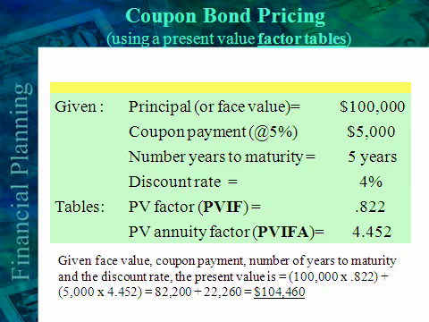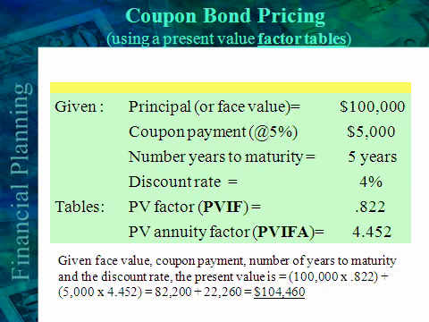Using present value tables is one way to work a bond valuation problem. Based on the data from this question, you know that the future return of principal payment is $100,000. That is a one-time payment that will be received at the end of the 5th year. You also know that the bond pays a 5% coupon on an annual basis.